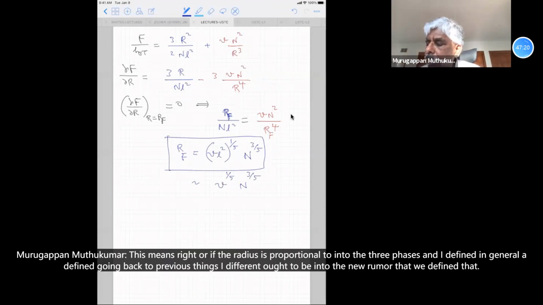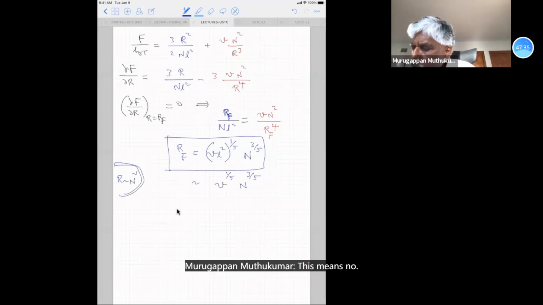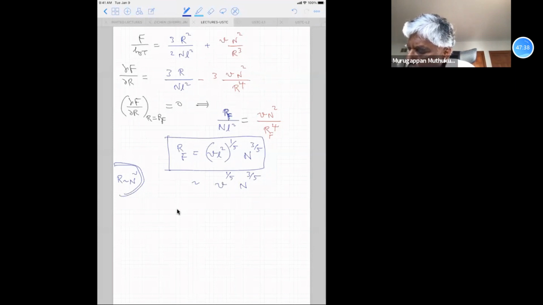This means RF, the radius, is proportional to n to the 3/5. And I defined, going back to previous things, R to be n to the nu. Remember that? We defined that. This means this exponent nu is equal to 3/5.